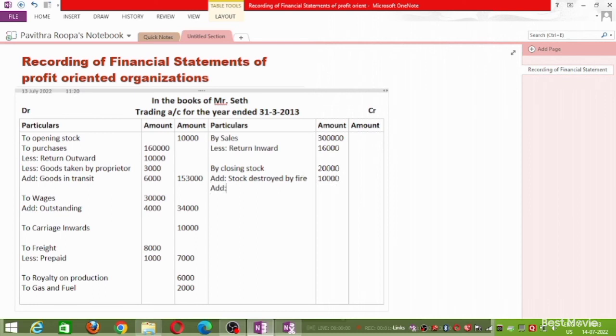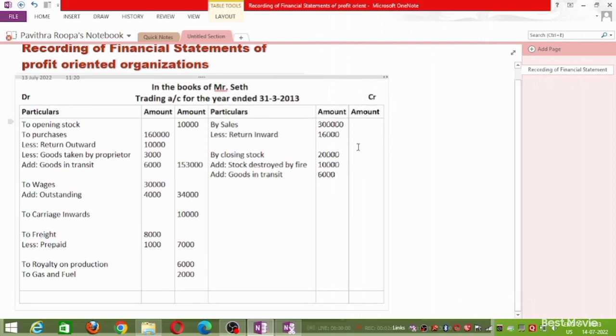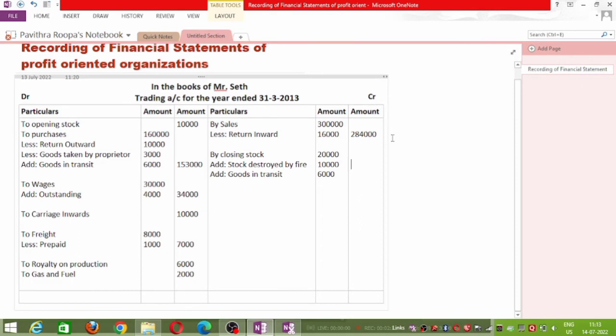Add goods in transit, that is 6,000. So here also we have not written the final amount. Let's write 2,84,000. Next, here the final amount will be 20,000 plus 10,000 plus 6,000, that is 36,000.